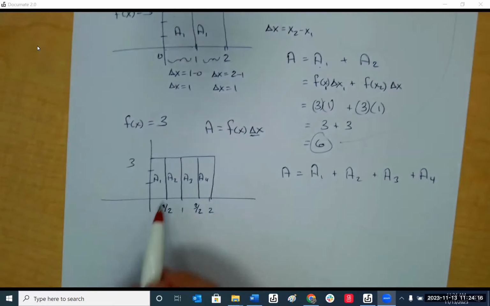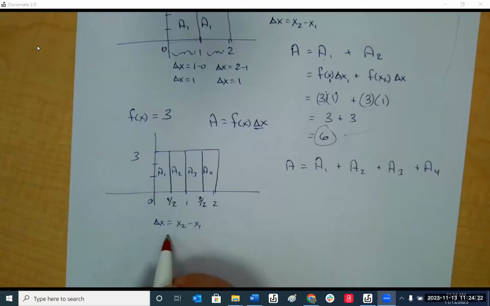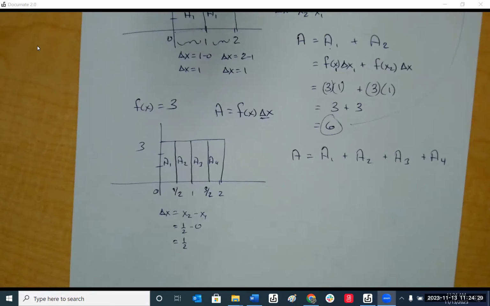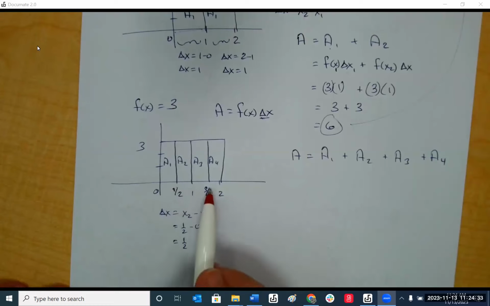Well, delta x is always x2 minus x1, which is 1/2 minus 0, which is 1/2. Same thing, 1 minus 1/2 is a half. 3/2 minus 1 is 1/2.